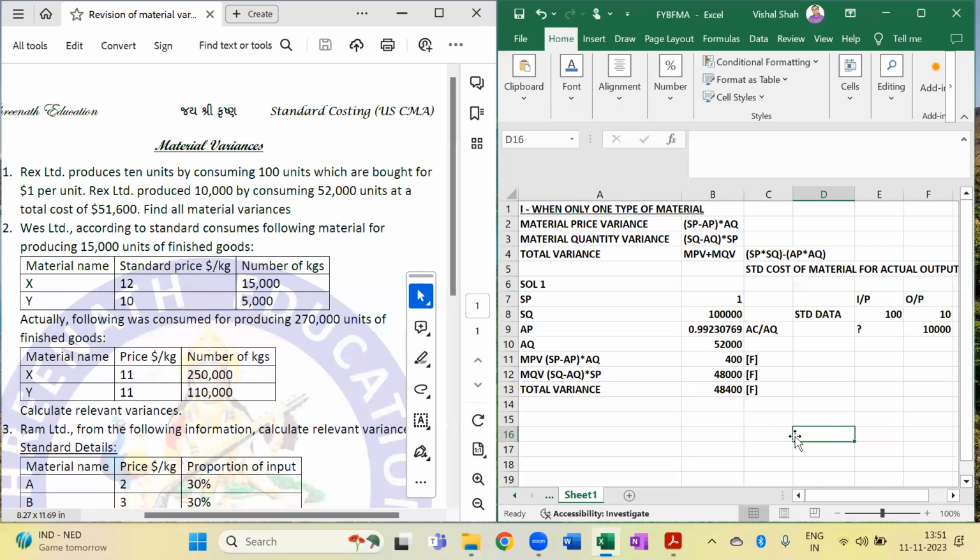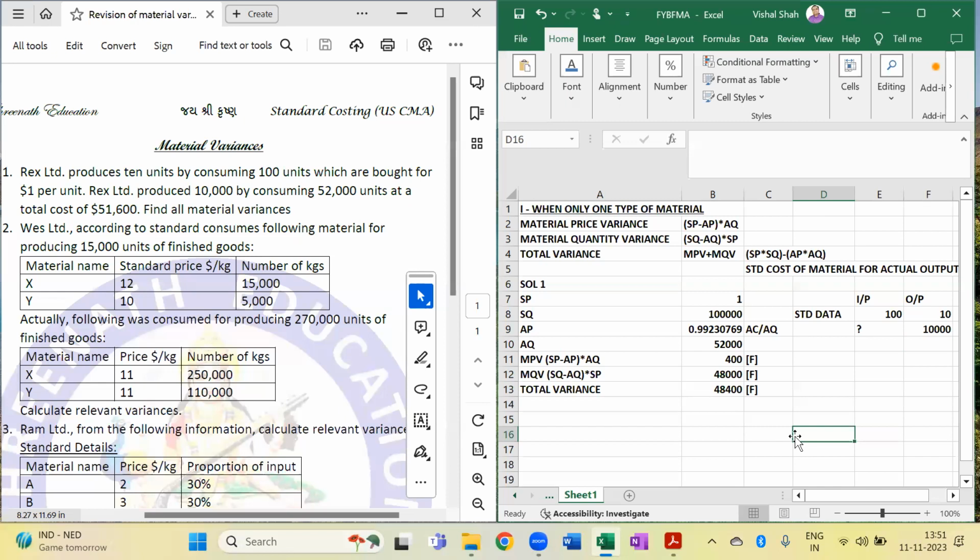If you have understood this sum, you can solve any sum which is of one material. Only these four data and these three variances can be found. There cannot be more variances. You cannot find material mix variance. You cannot find material yield variance. Am I very clear, all of you?